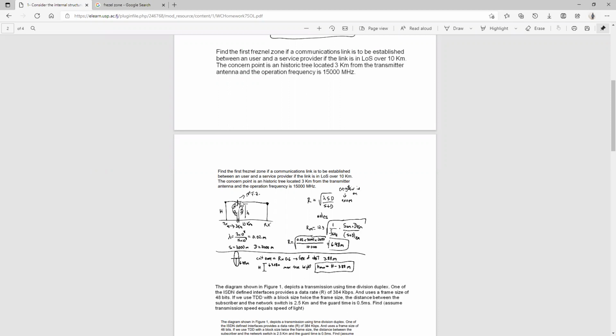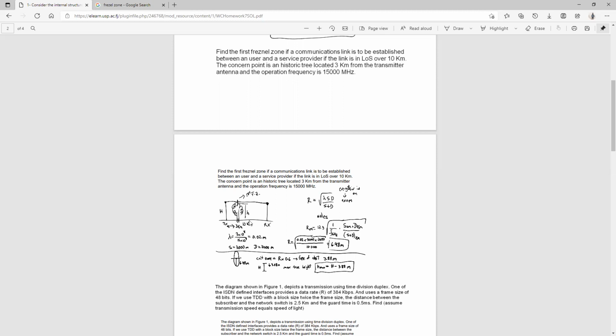Since it's a Fresnel zone, the first Fresnel zone radius is actually given by r is equal to root of lambda s times d upon s plus d. Your s is the distance from this point to this point, from your transmitter to the obstacle, while your d is the distance from this obstacle to the receiver.